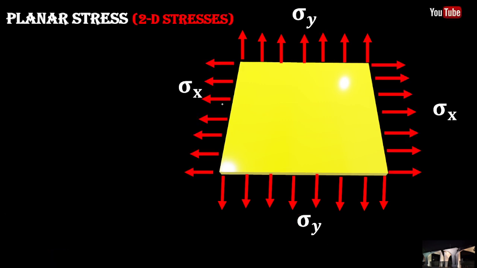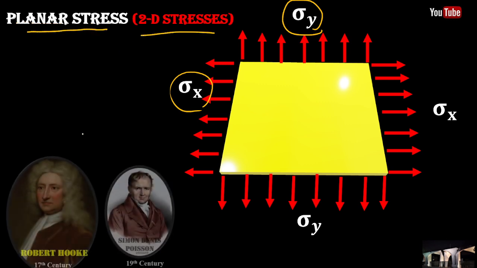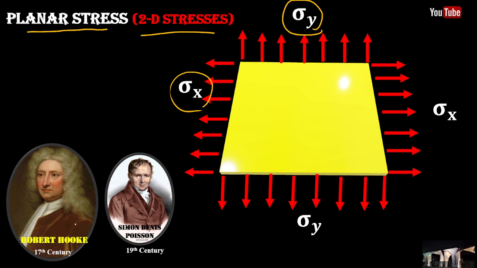Now let's see what happens if we have both sigma x and sigma y. We call it planar stress, a 2D stress condition, and the combination of Robert Hooke and Simon Denis Poisson comes into play. Epsilon x is no longer just sigma x over E; sigma y also has a limiting effect on epsilon x.